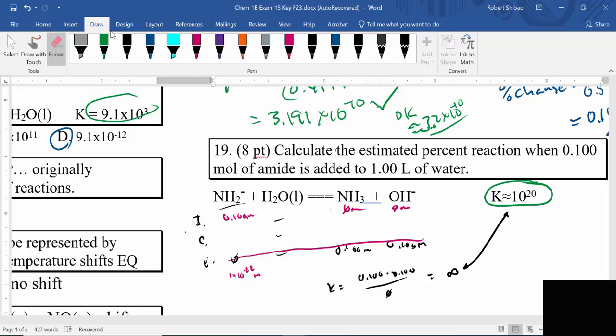That's the electrolyte property: strong bases, strong acids, and soluble salts ionize or hydrolyze 100%. You aren't entirely wrong doing that, but in this case I wanted you to do some calculations here.